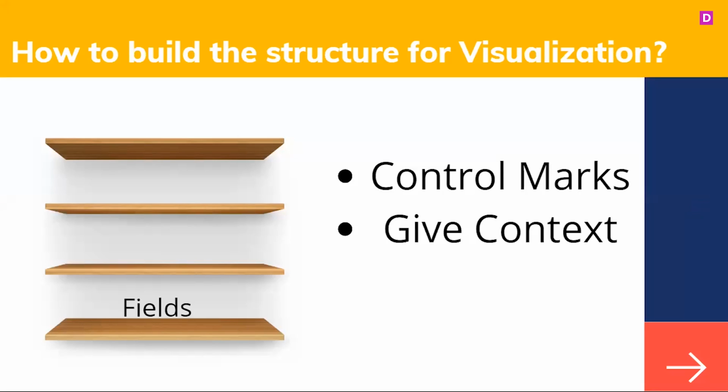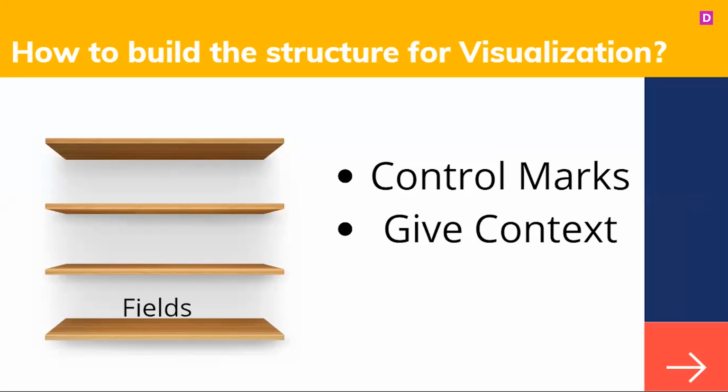I know what I need to do with respect to the fields, whether a field should be a dimension or a measure, and what kind of data type it should possess. Now I need to build a structure for the visualization. How do I build a structure for the visualization? This is the question.